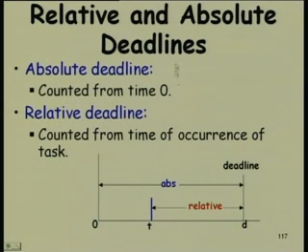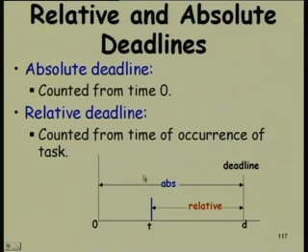Now, this is another terminology and concept that we will be using. There are two kinds of deadlines that we will talk of when we discuss schedulers. One is the absolute deadline and the other is the relative deadline. So, the task has been released or arrived here.